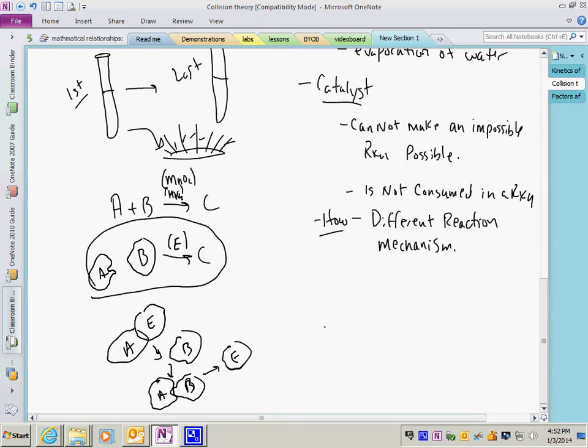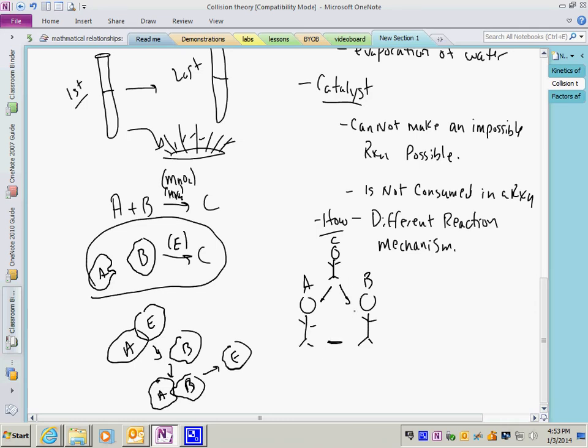Sometimes we use a human example where person A and person B want to, let's say, meet and form a relationship. It could be a boyfriend-girlfriend thing, or it could just be friends. A and B might never end up being friends. But all of a sudden, you have person C, and person C knows person A, and then they might know person B, and now A and B know each other.